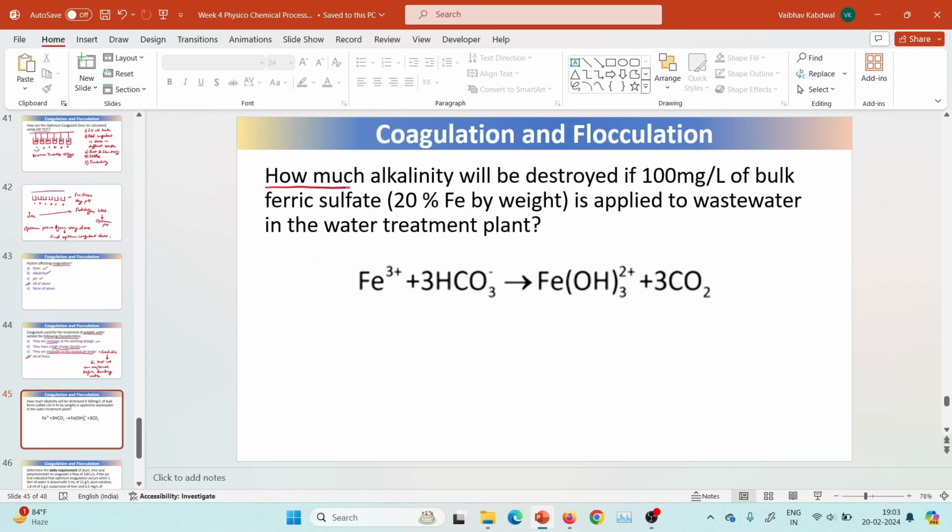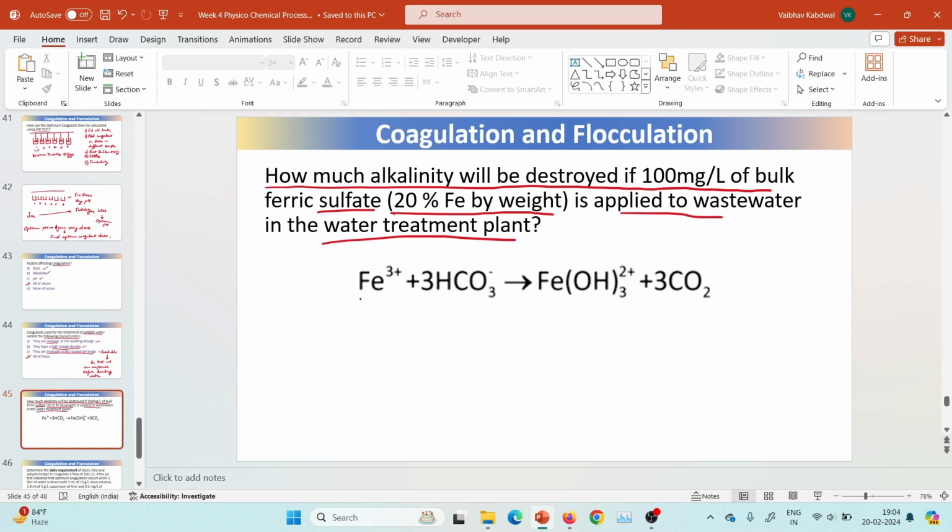How much alkalinity will be destroyed if 100 milligram per liter of bulk ferric sulfate, 20% Fe by weight, is applied to a wastewater treatment plant?